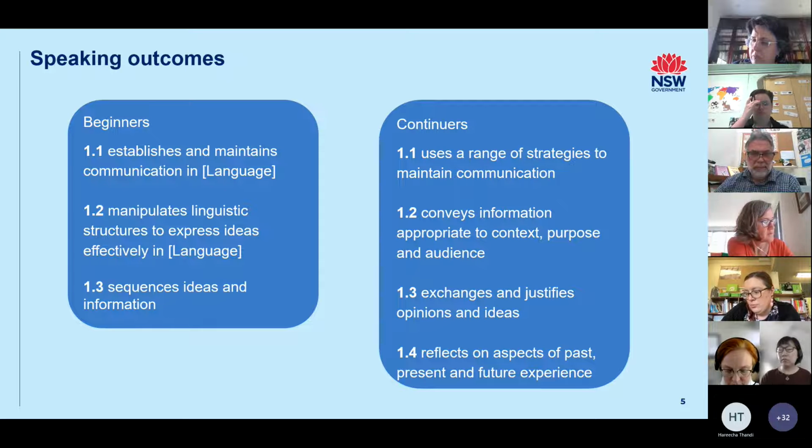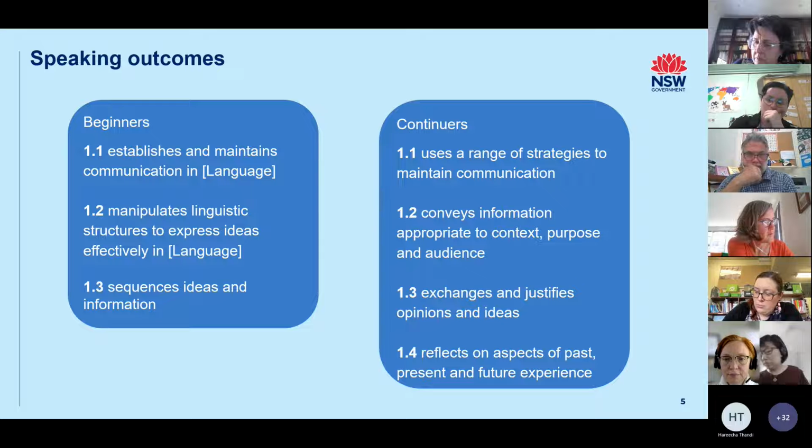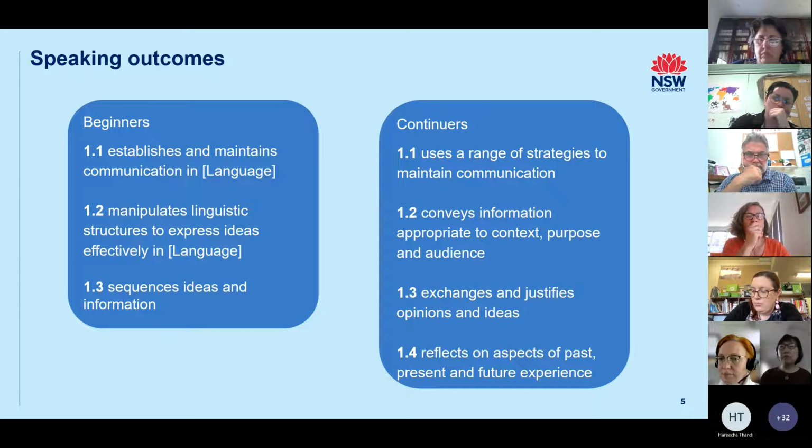When developing speaking skills in Stage 6 beginners and continuous, it is essential students are working towards achieving the relevant outcomes for this skill. All teaching strategies, activities and assessments must be designed to meet these outcomes. I'll just give you a moment to read them as a reminder.